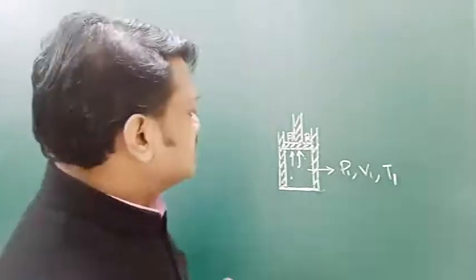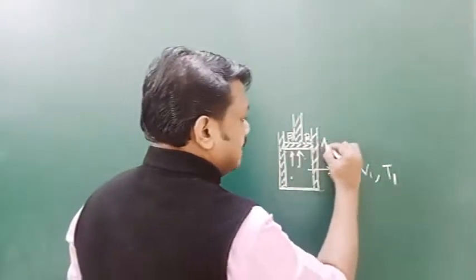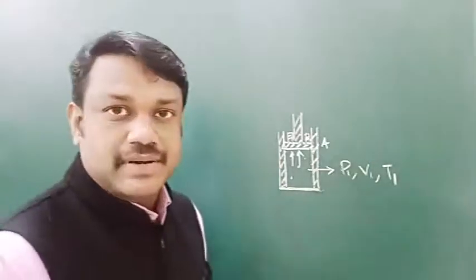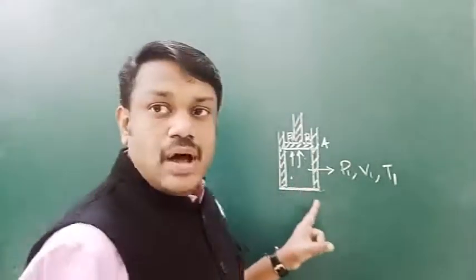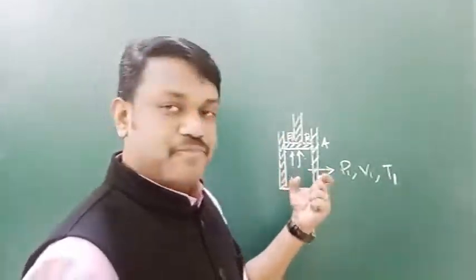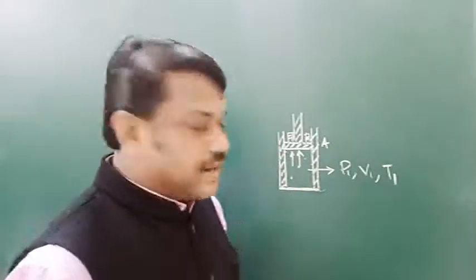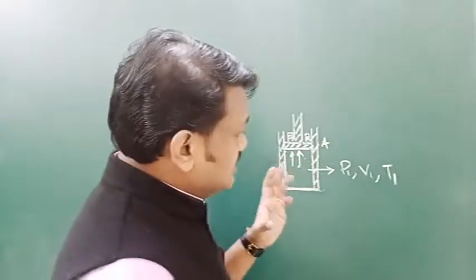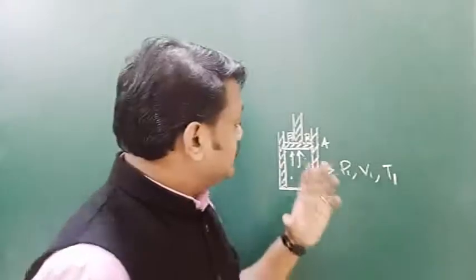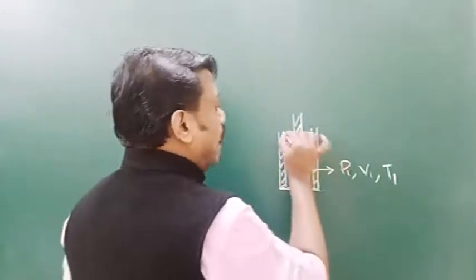Suppose A is the area of cross section of the piston. When you remove the weights from the piston, if the pressure is sufficient to move the piston back, it will move up.